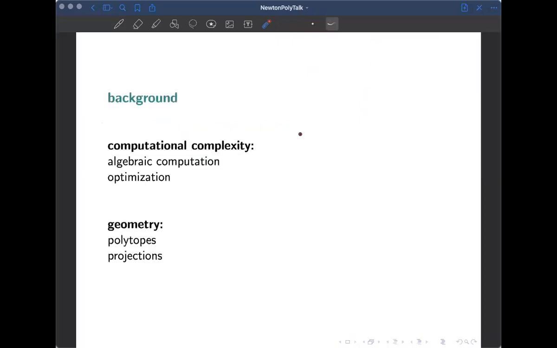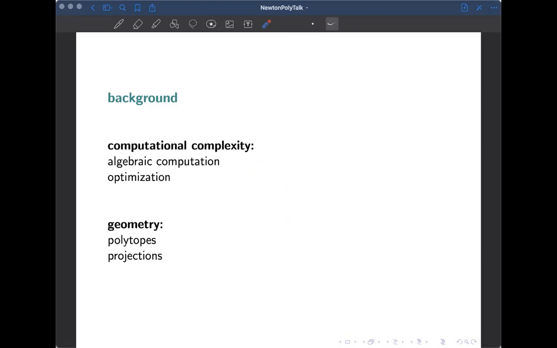The high-level picture that I want to paint is a bridge between computational complexity and geometry. In computational complexity, we're going to talk about problems or ideas in algebraic complexity and in optimization.